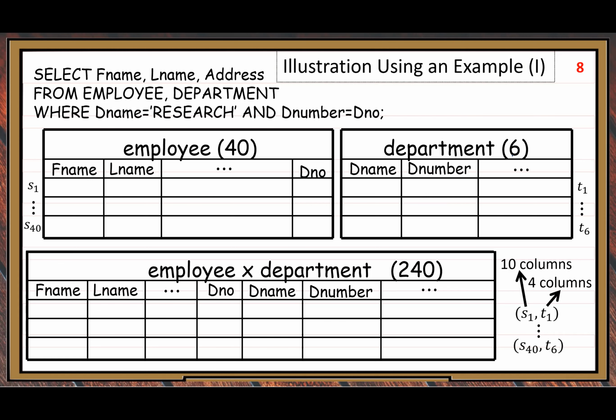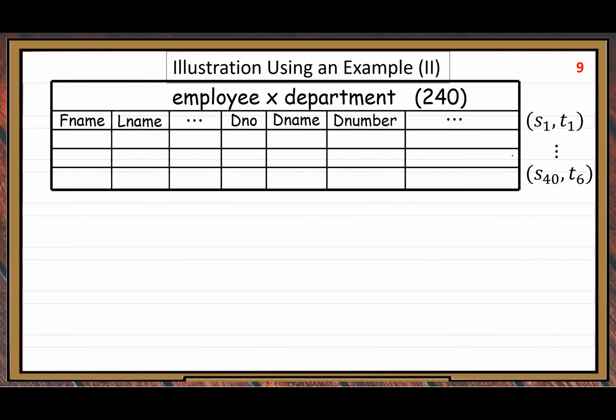In the second table, T1, 4 columns. So for the combined tuple, we have 14 columns. Now we need to do selection and projection to get our final result. Next slide.